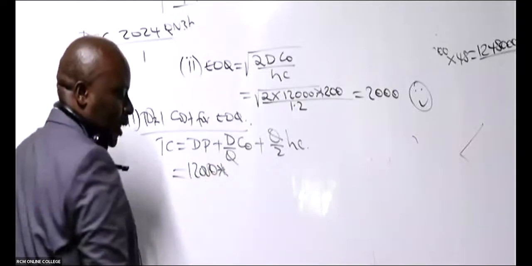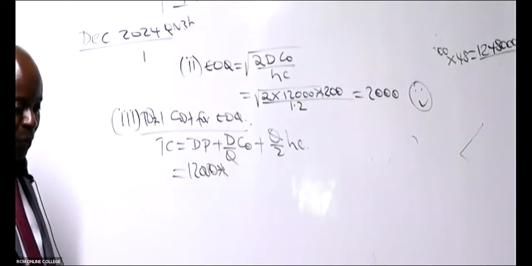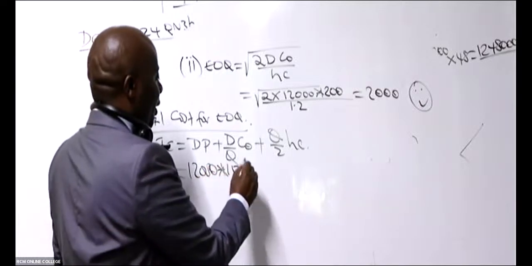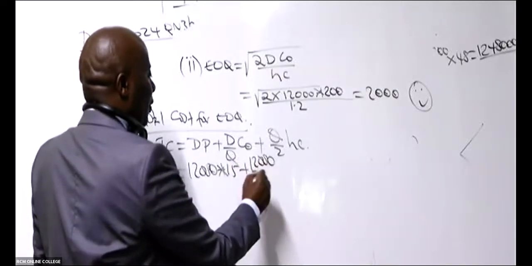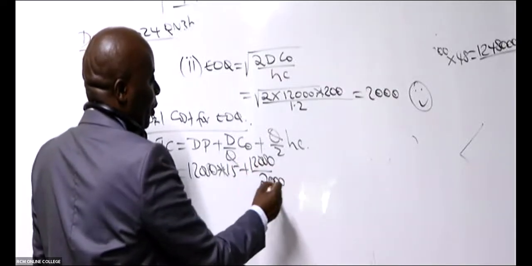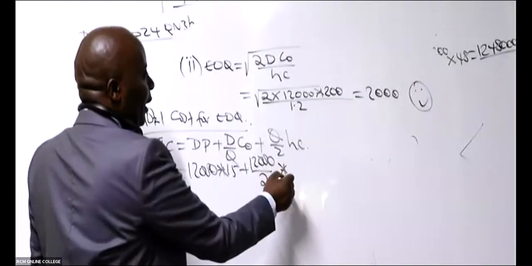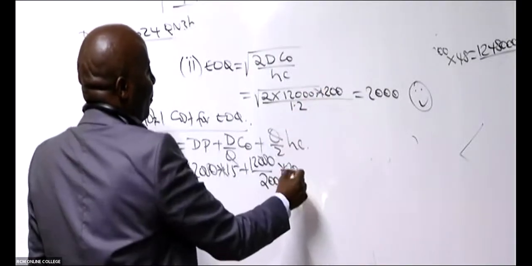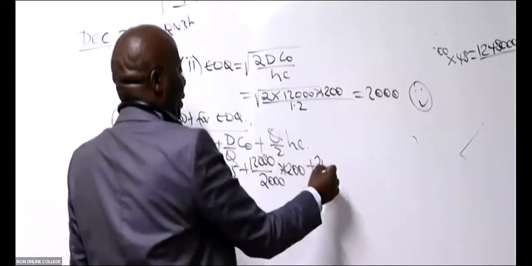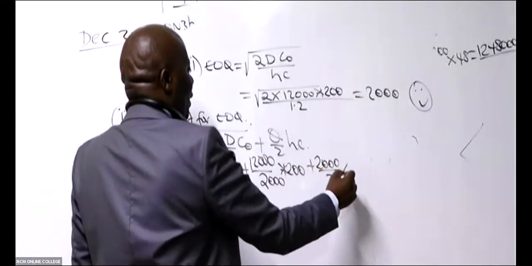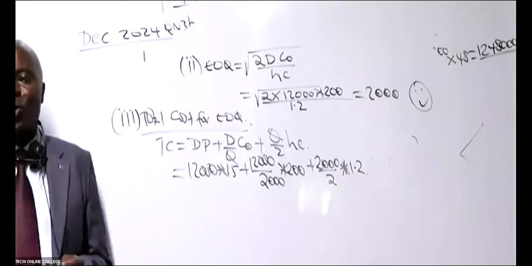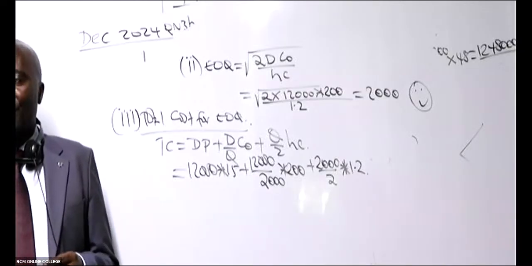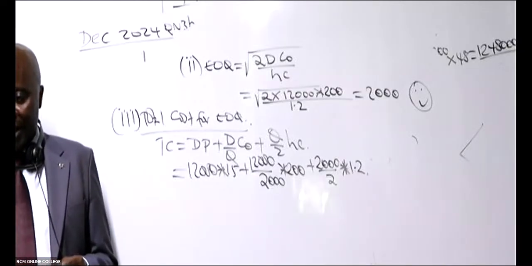The price per unit was 15, plus D over Q: 12,000 divided by the Q, you guys got 2,000, times Co, which is 200, plus this Q, the EOQ, times the holding cost, which was 1.2. Then at the end of the day, we shall end up getting something.